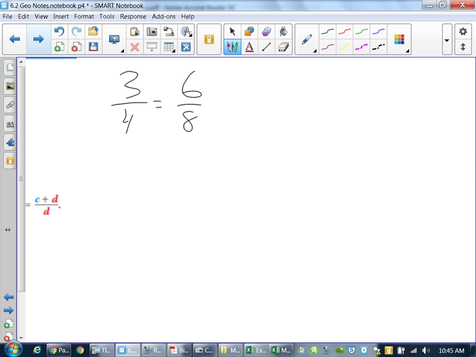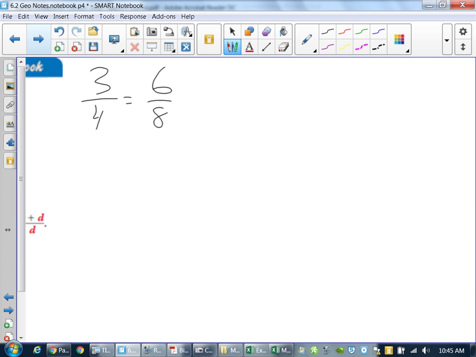The other one that's a little bit weird is if you take the denominator. The denominator is always the number in the bottom. You guys remember that, right? If I take that and I go 3 plus 4 over 4, and 6 plus 8 over 8, you can add the denominator to the numerator, and as long as you keep the same denominator, it's still going to work.